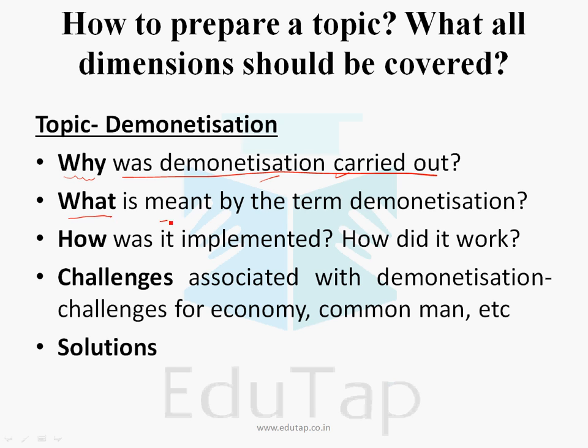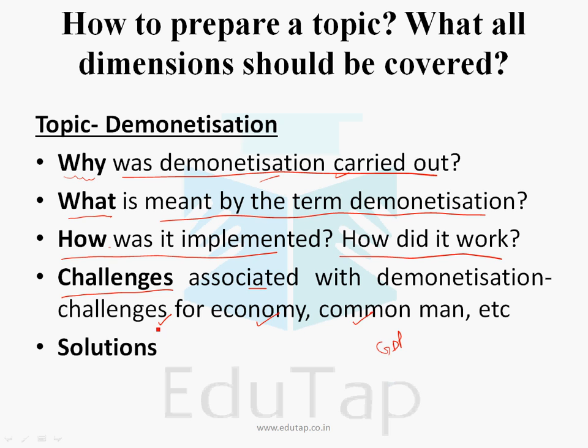What is meant by the term demonetization? What is the concept of demonetization? How was it implemented? How did it work? Did it go well? Then the fourth thing is challenges associated with demonetization. Challenges for the economy, challenges for the various sectors, challenges for the cash intensive sectors, challenges for the common man, challenges for the banks, challenges for the government, challenges as far as the GDP figures are concerned.